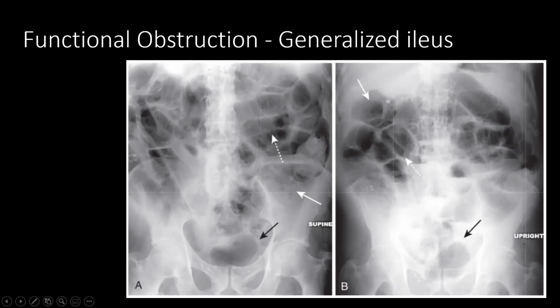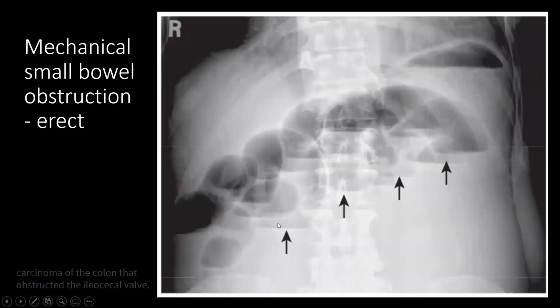But the clinical picture on its own, and the other indications, will also help us to distinguish: is this an early mechanical obstruction with an incompetent valve, or a generalized ileus? In generalized ileus, probably you will see a patient who tells you that he recently had an abdominal surgery a day or two before coming to the ER. So we will also have a supporting history and supporting physical examination.